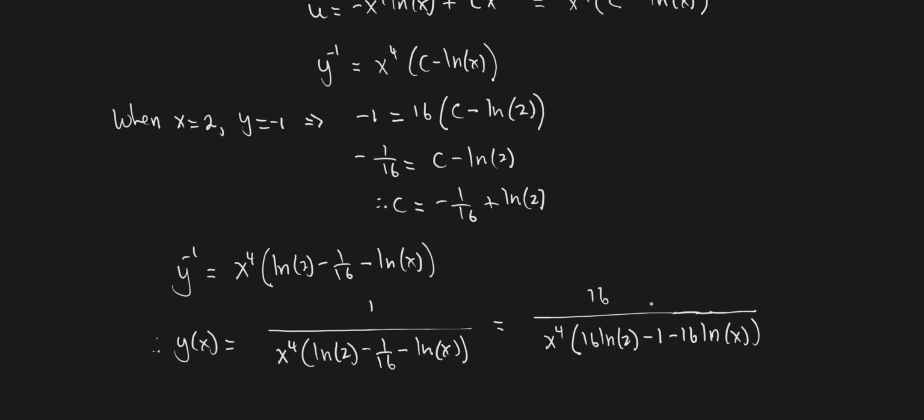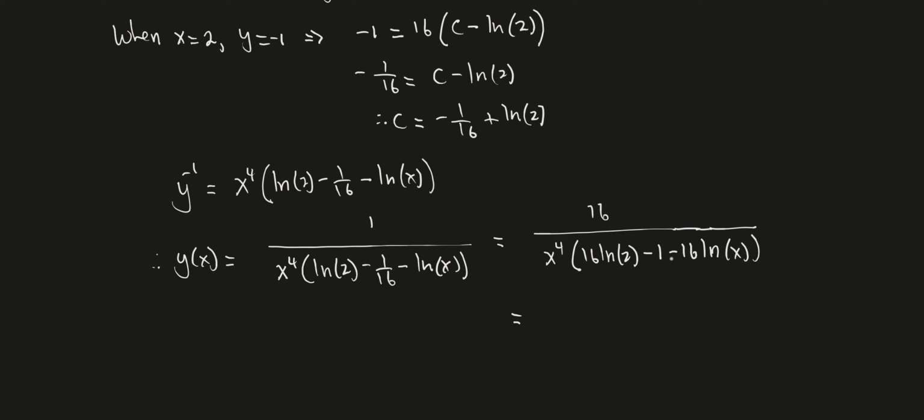Now, we have two terms in the denominator here that are negative. What we could do is multiply the top and the bottom by -1. Again, I'll distribute the -1, and I'll write it as 1 plus 16 natural log of x, but then this coefficient becomes negative 16 the natural log of 2.